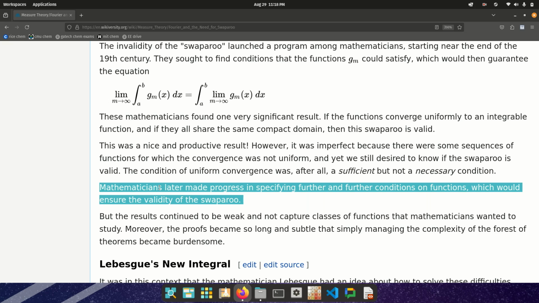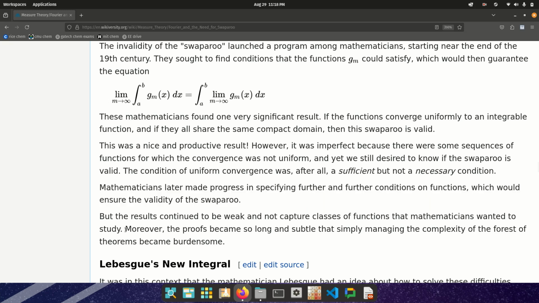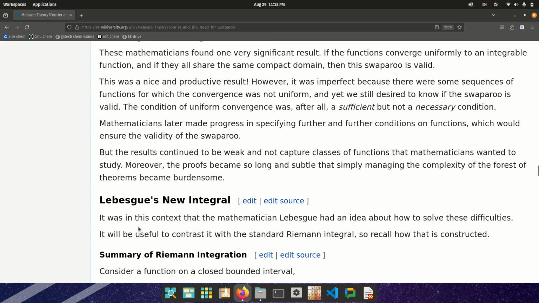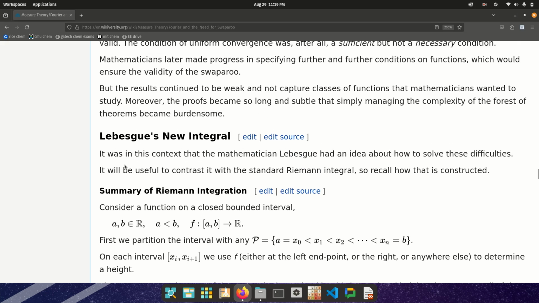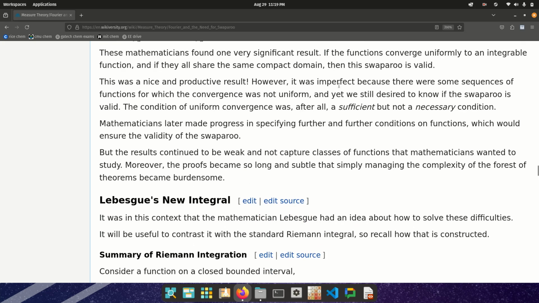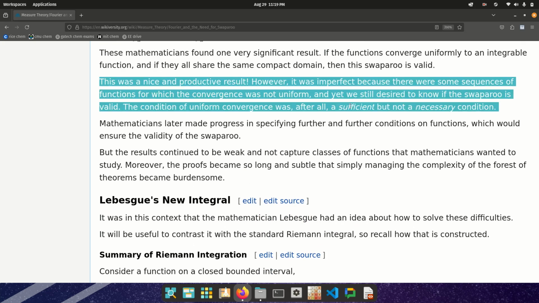But what they found was that it was a sufficient but not necessary condition. So although uniform convergence guaranteed the validity of the swap, there were other sequences besides the ones that converged uniformly that also could guarantee the swap. And you kind of want a necessary condition, because that would tell you that you've captured all of the possible cases where the limit and integral swap.